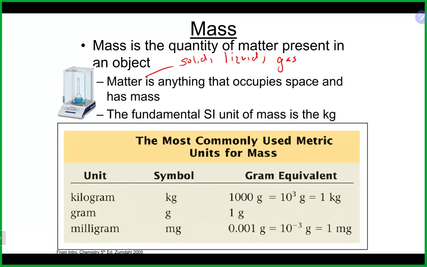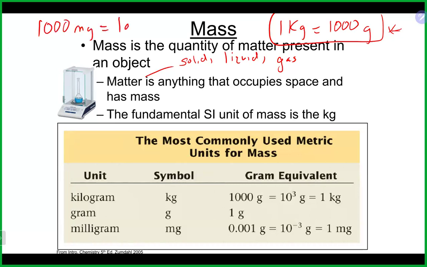The fundamental SI unit for mass is a kilogram, and that is a common unit used in chemistry. This relationship of 1 kilogram is 1,000 grams definitely comes up a lot. Also, there are 1,000 milligrams in 1 gram.